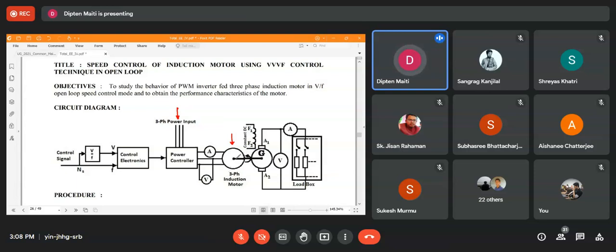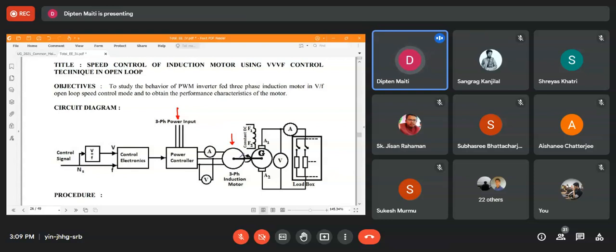Because we require some sort of variable loading for the induction motor, it is connected to a DC generator, and the DC generator is connected to a load box. Now, if the DC generator is loaded by the load box, and by using different amounts of current or power drawn from the DC generator, the DC generator draws mechanical power from the induction motor shaft.